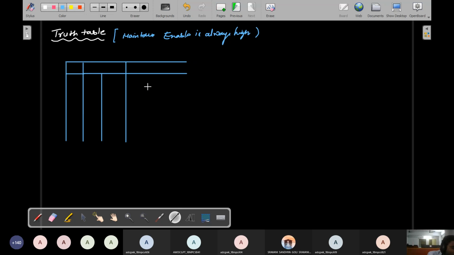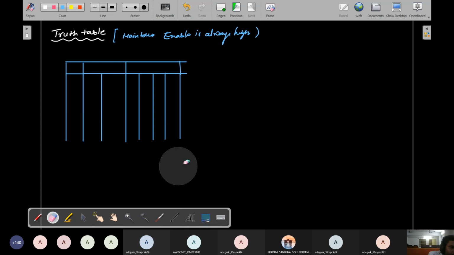We are using 4 outputs here: one, two, three, four.